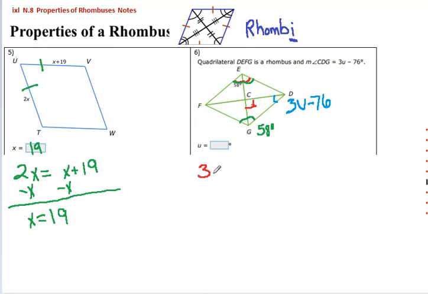So to me, the simplest thing would be to set it up like this. Then you combine those like terms. So that leaves us 3u minus 18 equals 90.